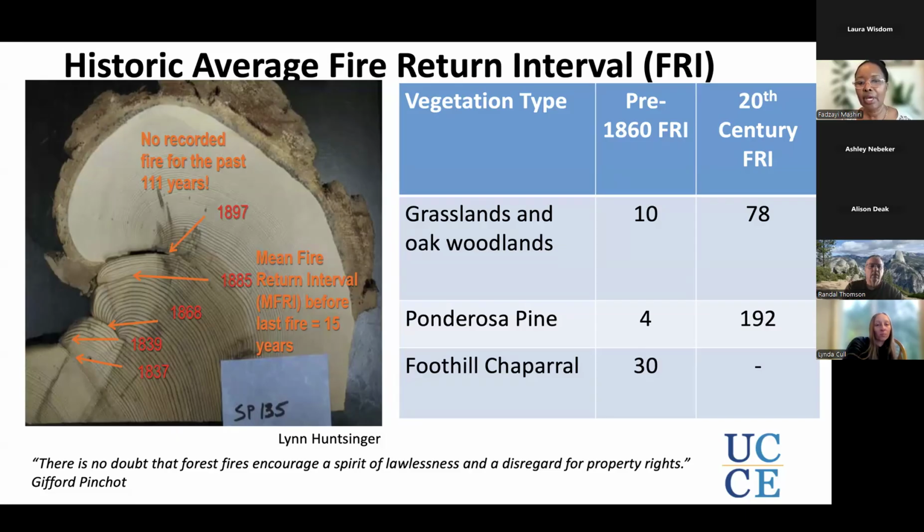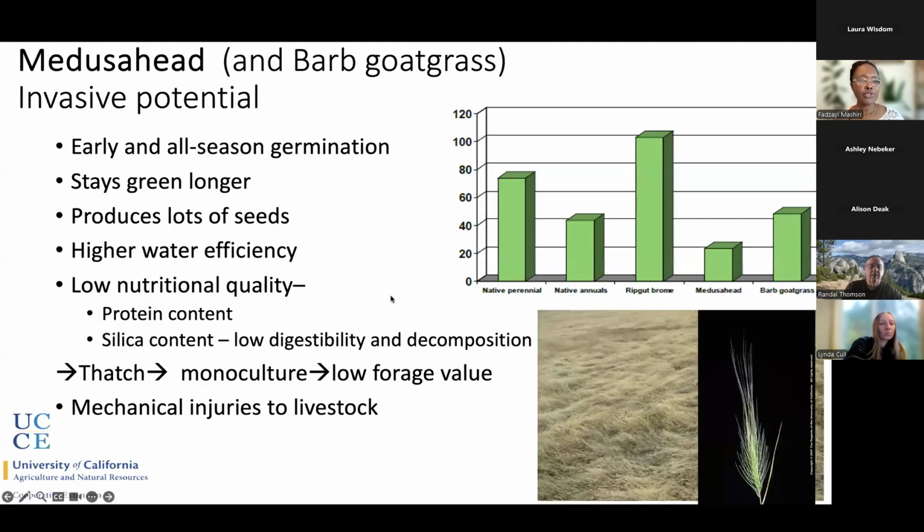In ponderosa pines, fire would come through about every 4 years, and in chaparral every 30 years. But recently the fire frequency interval has expanded so much, and that's why I think we are starting to see so many extensive wildfires that are devastating.